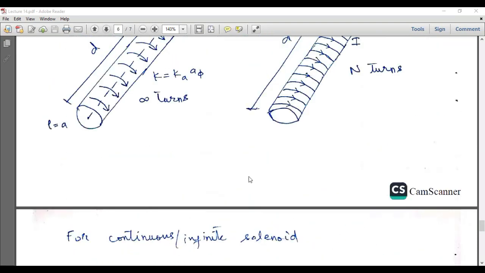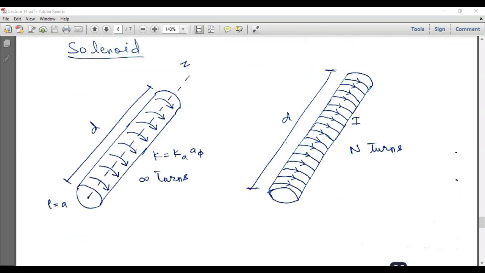Now the question is why the magnetic field intensity is zero outside the solenoid. The reason is that the current is flowing in the circular direction. Outside the solenoid, we have to consider the net current. We make another surface outside the solenoid, and within that surface the net current is equal to zero, because at the upper side of the solenoid the current is flowing in this direction, and at the lower side of the solenoid the current is flowing in the opposite direction.